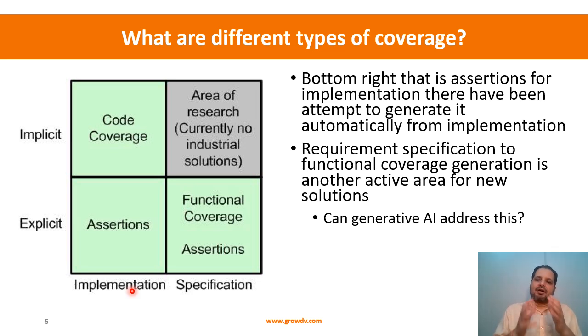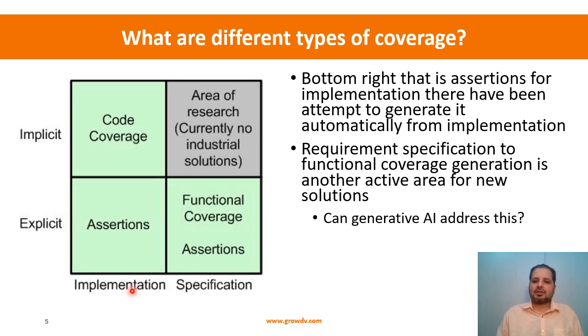We have a requirement specification, and that requirement specification has been transformed into a microarchitecture, and that microarchitecture we are implementing. That is the process of design. What we need to understand is that for a given requirement specification, there can be multiple possible microarchitectures. Whatever way some company has decided to do the microarchitecture is what is getting verified.